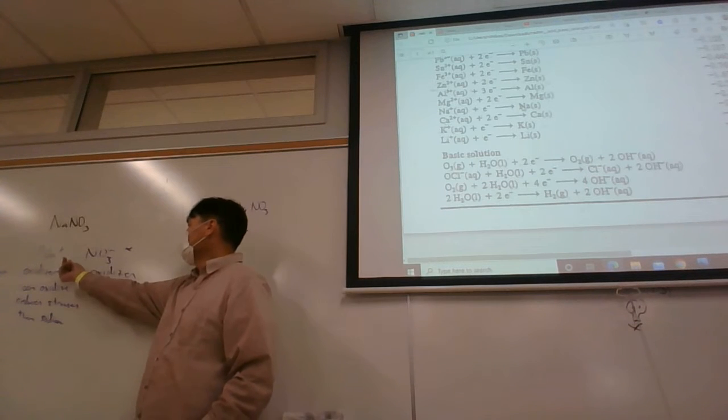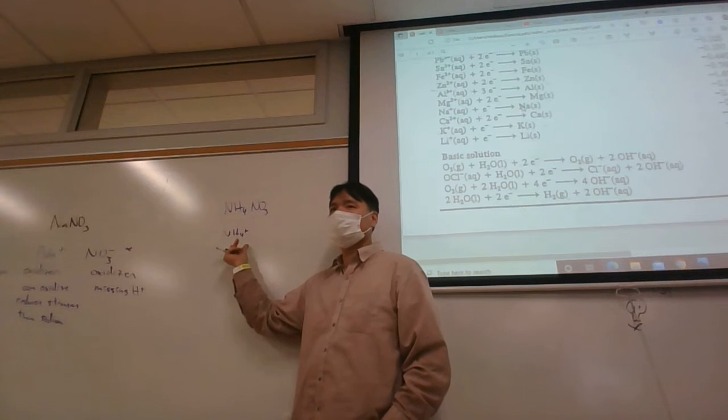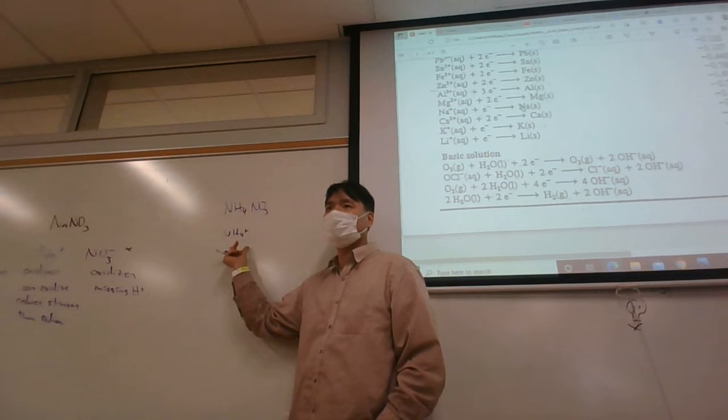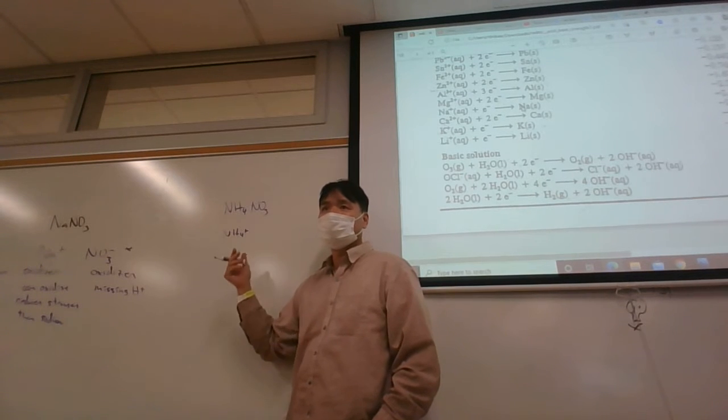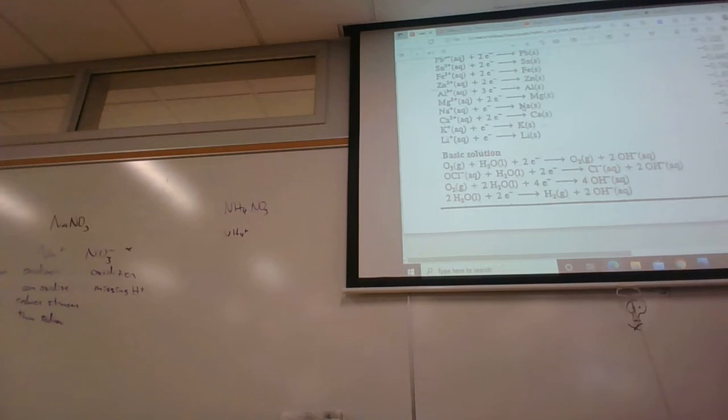Sodium ion was neutral in terms of acid-base properties. Is ammonium ion neutral in terms of acid-base properties? No. What is ammonium? An acid or a base? It's an acid. It's a weak acid, but it's an acid. So let's take a look at that.